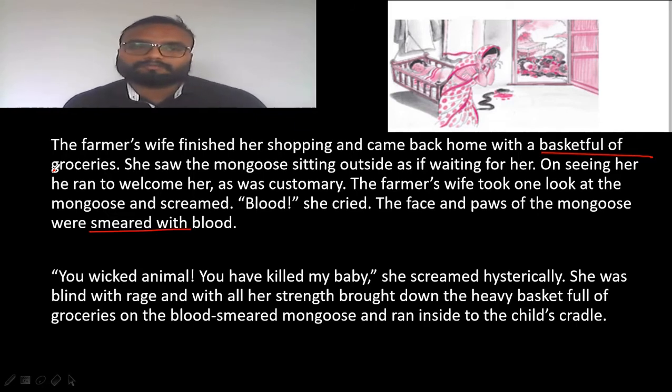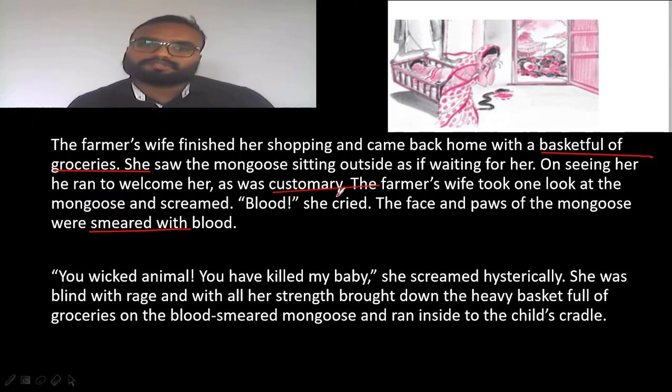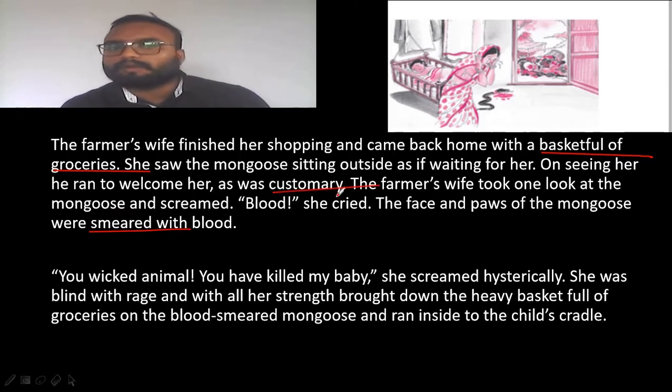So what happened? When she returned home, she saw that the mongoose was waiting at the gate of the house, and as soon as the mongoose saw her, he ran to her as a customary. It means he used to do it every day. Whenever the wife of the farmer or the farmer was out of the home, he used to stand and wait for them to return.